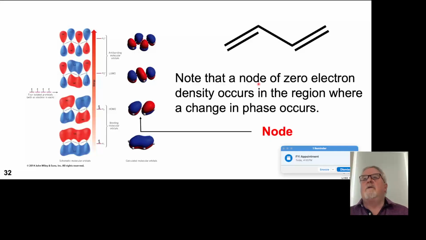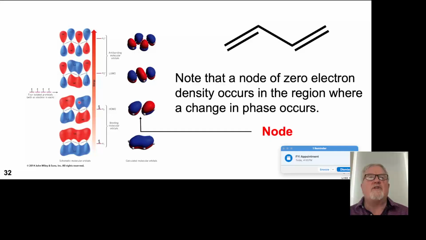Okay. Note that the node of zero electron density occurs in the region where a change in phase occurs. So in this first orbital, we have no nodes other than the planar node that's in all of these molecular orbitals, but there's no node as we go from left to right. In the next higher orbital, we'll call this pi 2 orbital, we have a probability of 0 of finding an electron in this particular region.